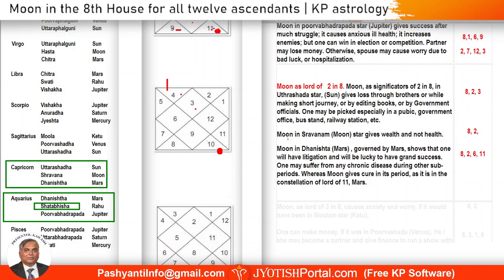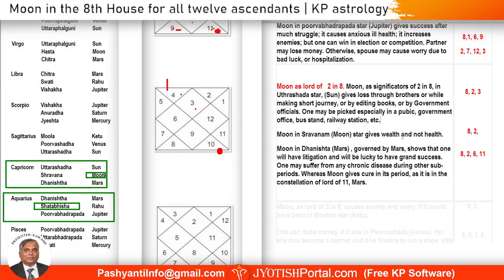And then if moon is in the star of Moon, in Capricorn, then it's going to indicate the 8th and 2. So if you look, it says that this gives wealth and not health.